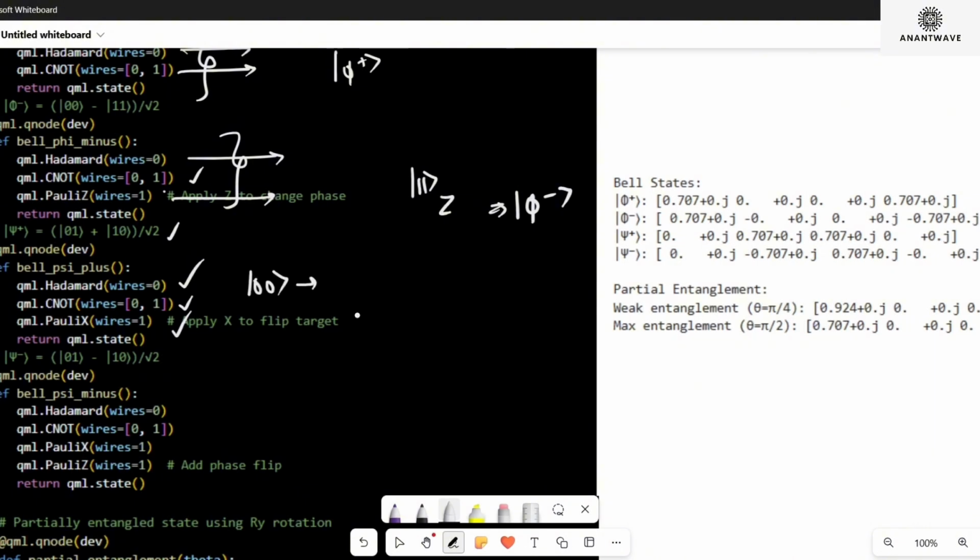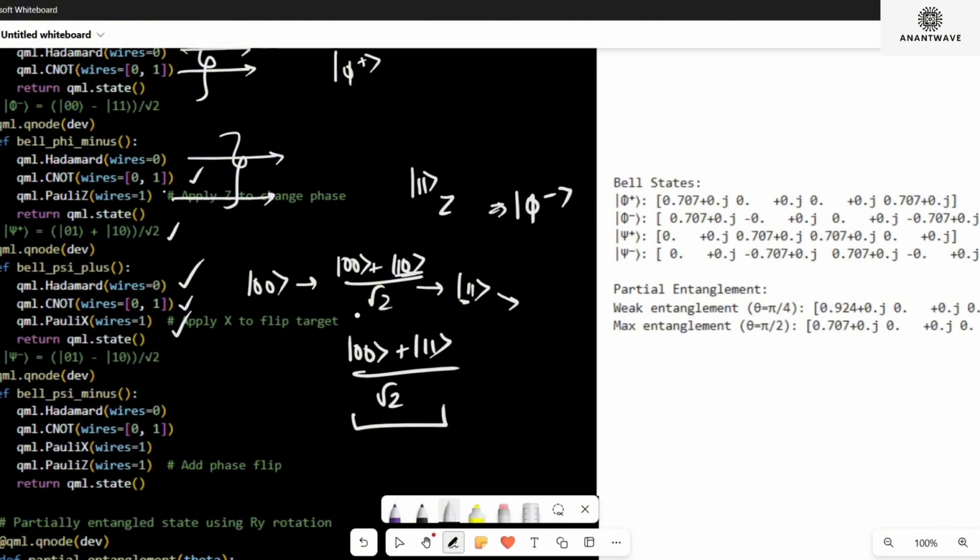We are applying Hadamard to get 00 plus 10 by root 2, and then applying the CNOT gate we'll get 00 plus 11, and then applying Pauli X, this will be flipped to 01. That is after applying CNOT. After applying the Pauli gate, we'll get 01 plus 10 over root 2.